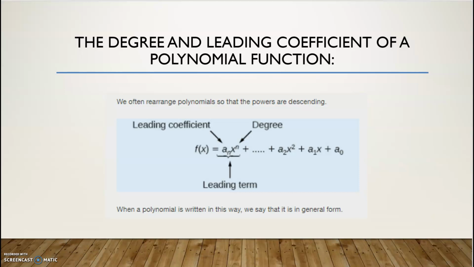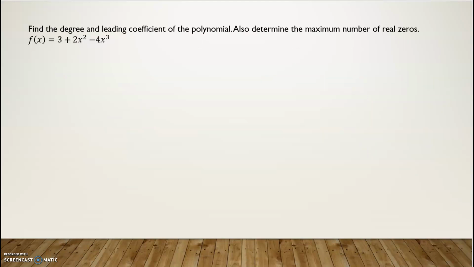Then the very first number right in front of your variable is your leading coefficient, and x raised to whatever number, that number is the degree of the polynomial. And the entire thing, the leading coefficient and the x raised to whatever number, is called the leading term.